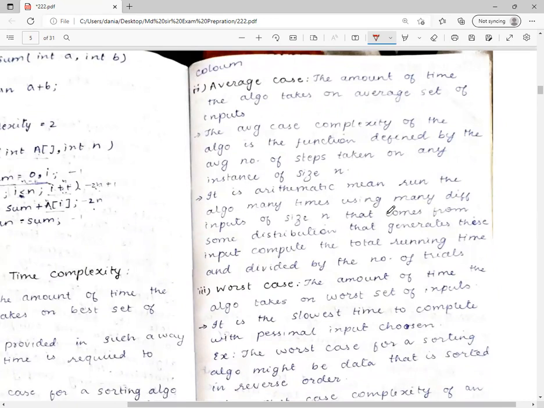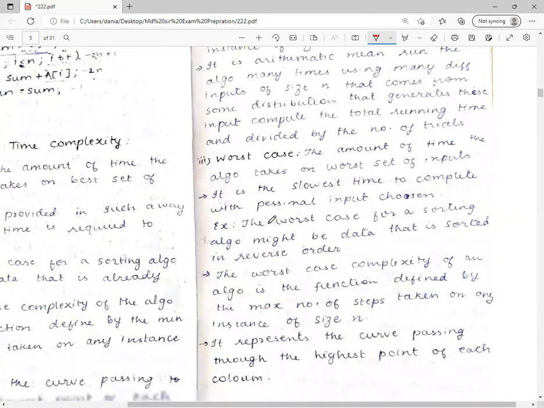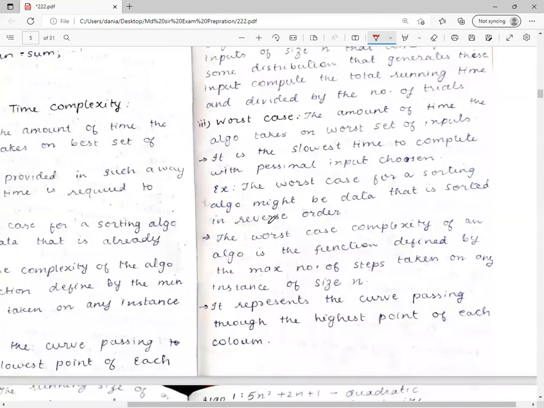It is the arithmetic mean: run the algorithm many times using many inputs of size n that come from some distribution that generates these inputs, compute the total runtime, and divide by the number of trials. Worst case is the amount of time taken by the worst set of inputs.